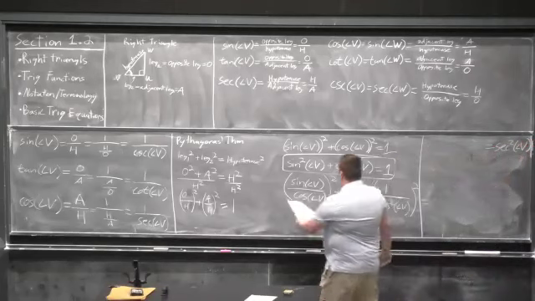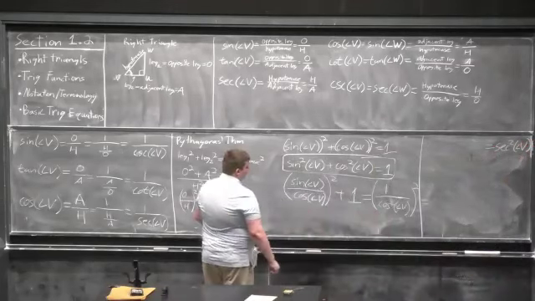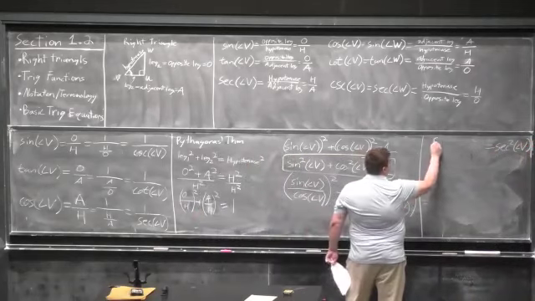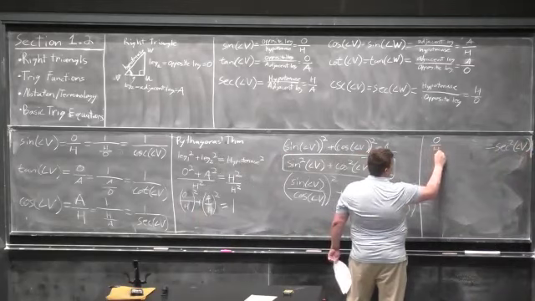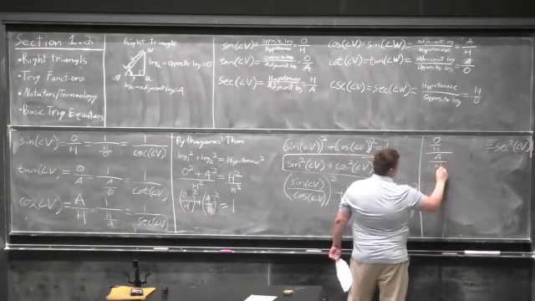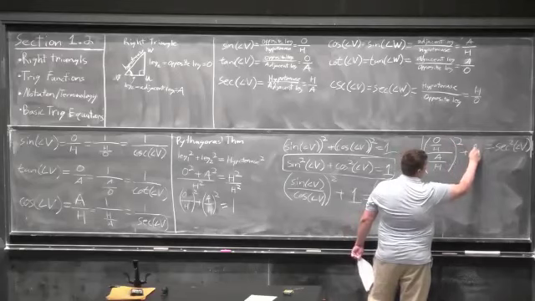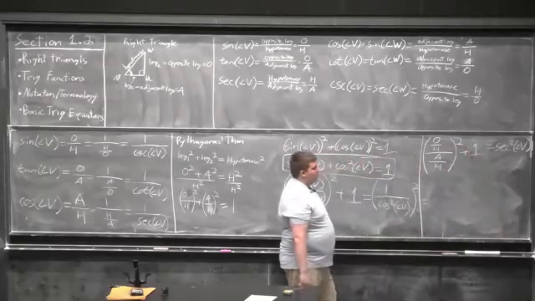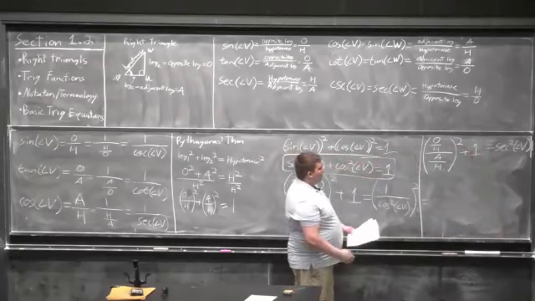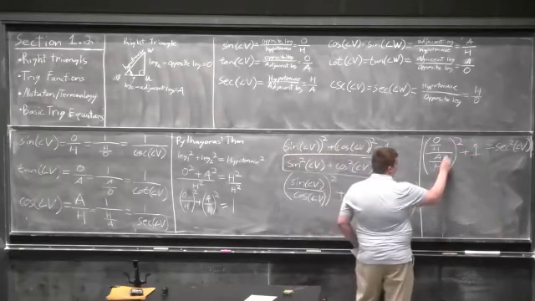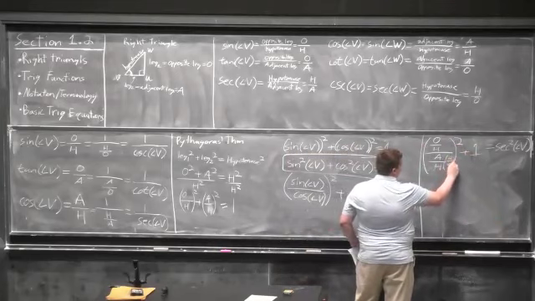Well, this sine over cosine, we could rewrite as opposite over hypotenuse divided by adjacent over hypotenuse. And we're going to square this big thing and add 1. Okay, well, if I take the reciprocal of this, I'm going to multiply the top by h over a.